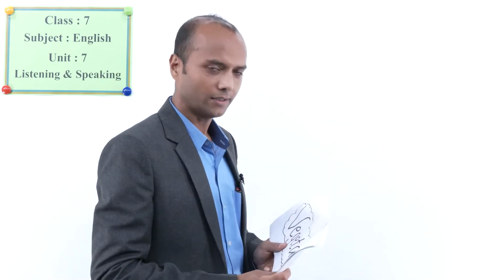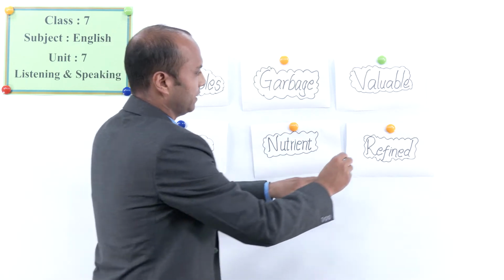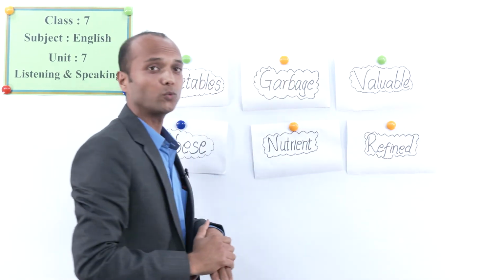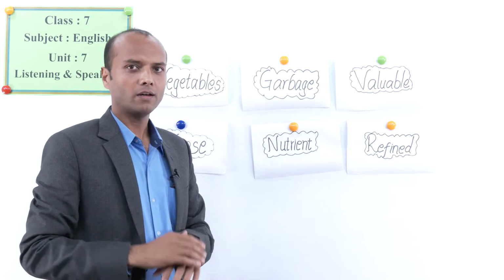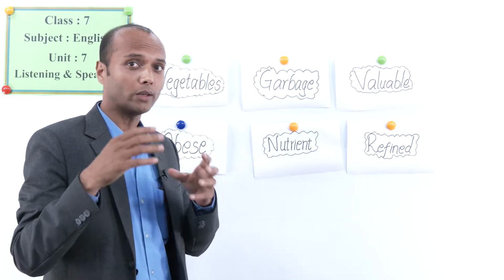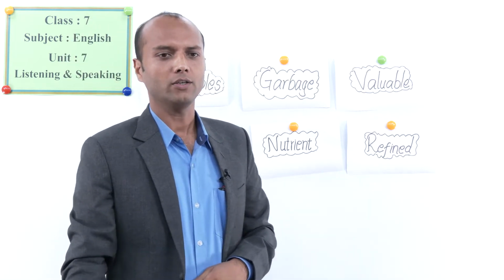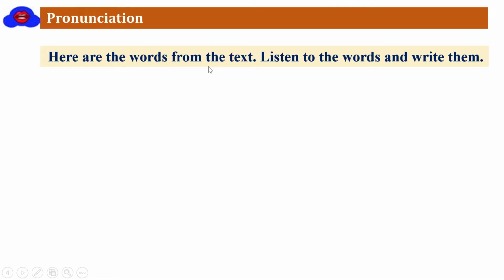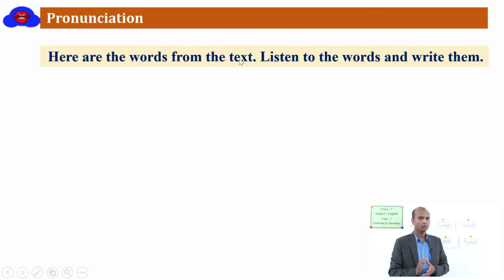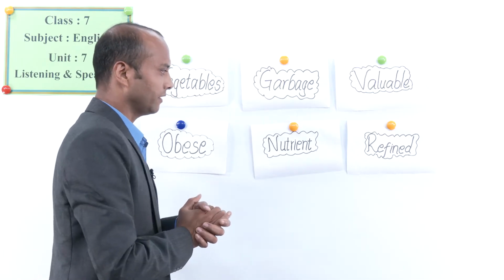So let me put these words on the board first. Okay, dear students, I have pasted 6 words here, but only 5 words are given in your textbook. 1 word will be left after the exercise is over. Now, look at here. Here are the words from the text. How many words are you going to listen to? Yes, 5. But how many words are here? 6 words definitely.